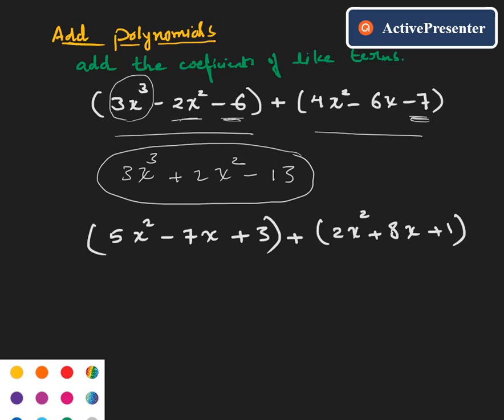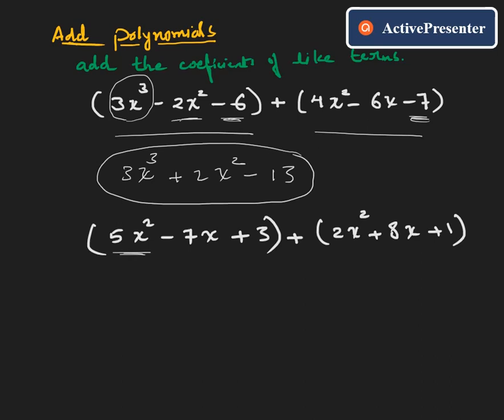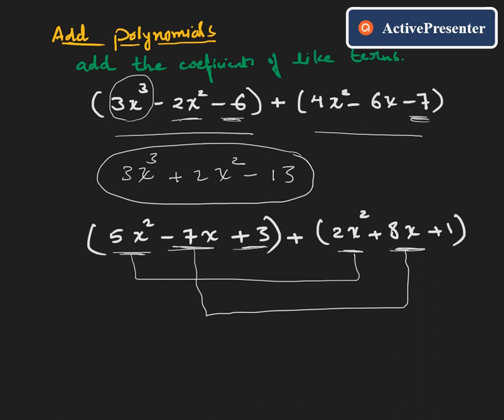We add first the like terms. We have 5x squared here and 2x squared here, so we add them together. Also we have minus 7x with 8x, they are like terms, so we add them together. And we have 3 here with 1, so they are like terms, so we add them together.